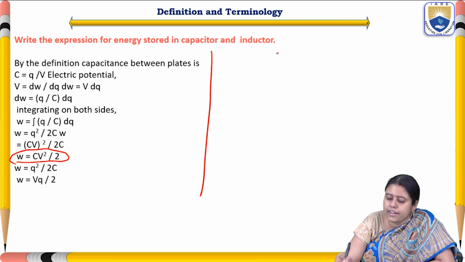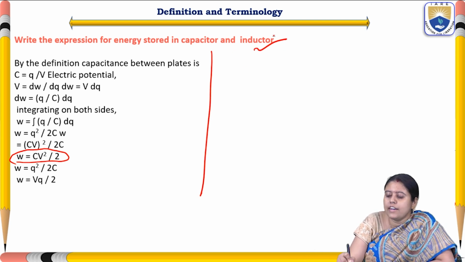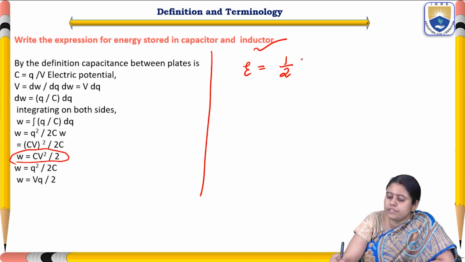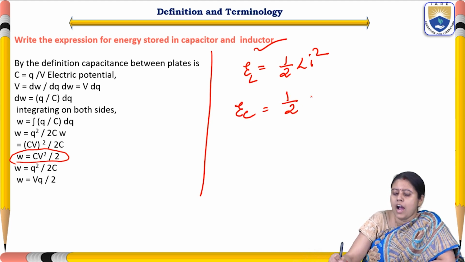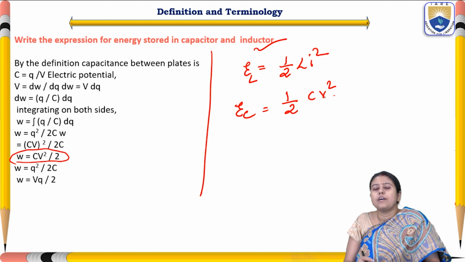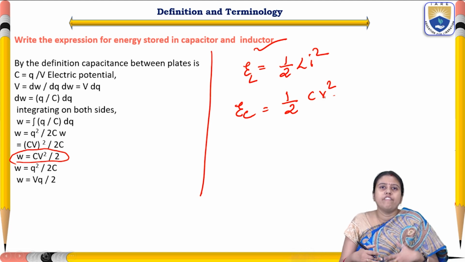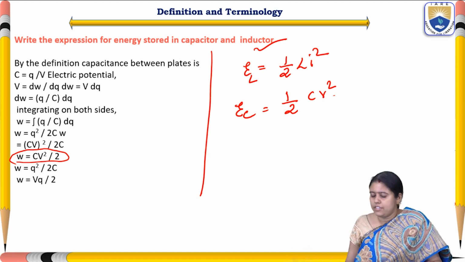Similarly, for the inductor also, the energy is equal to half Li square. Energy in the capacitor is half CV square. Both details are also available in my previous lectures.